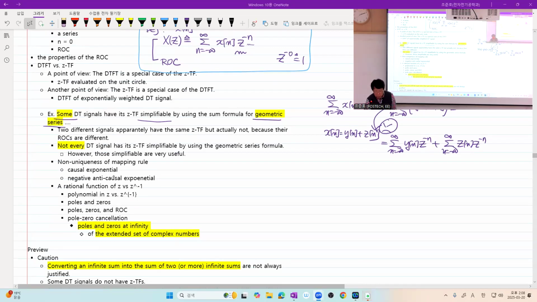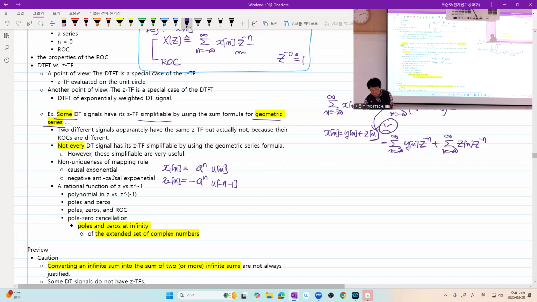And what you need to remember is also this one. Suppose you have two signals, x1 and x2, both having the same base and exponent, but one is right-sided and the other is left-sided. Like this.